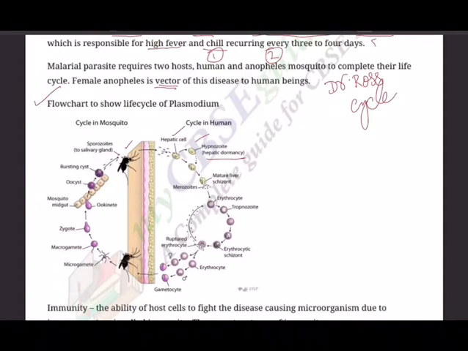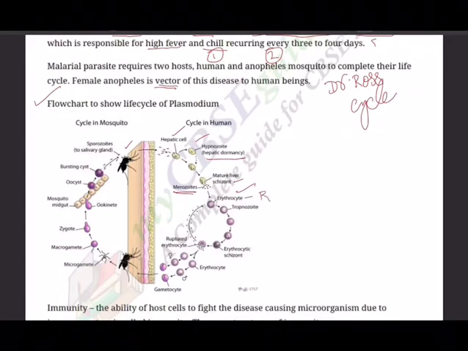Once it attacks the liver cells, what happens there? The mature liver schizont, the merozoites will be entering into each liver cell, and the liver cell will be blasted. Once these merozoites break off and get released from the liver cell, they travel in the blood and reach the erythrocyte.